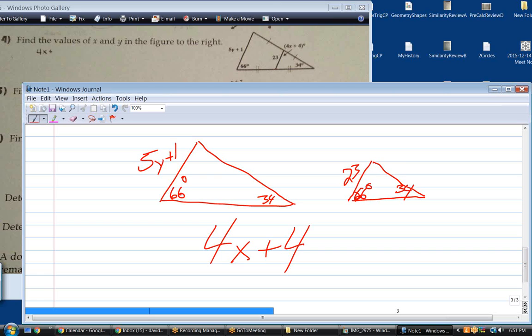No, the sum of the angles of a triangle add to 180. That's only one of the three angles. What do the other two add to? Yeah, what does this one and this one add to?